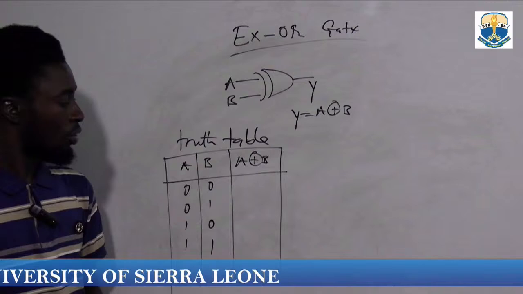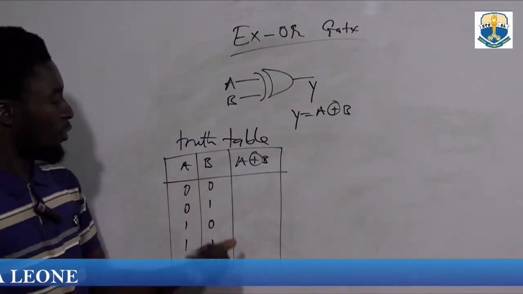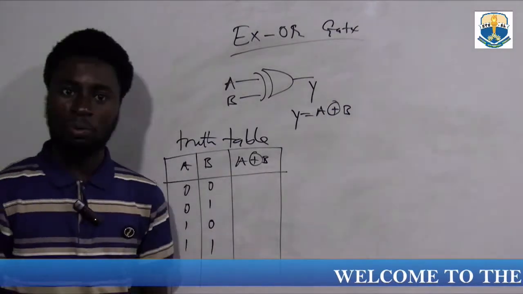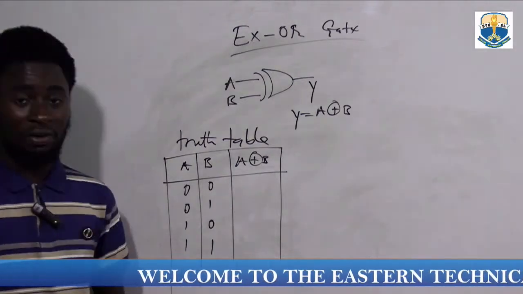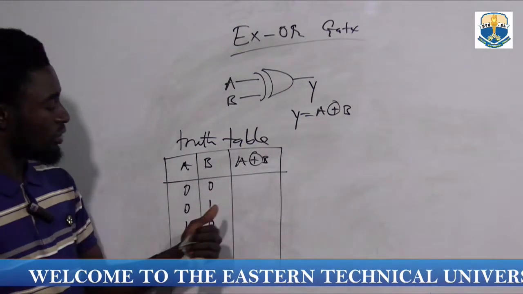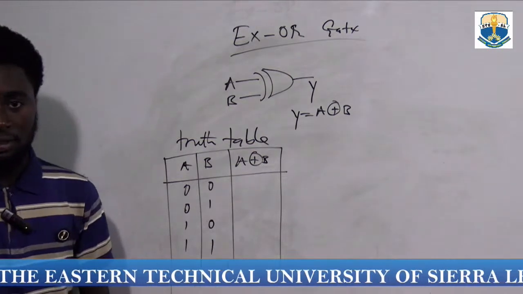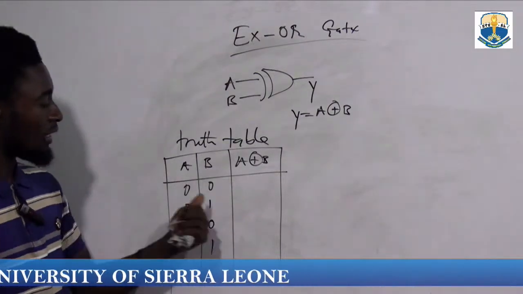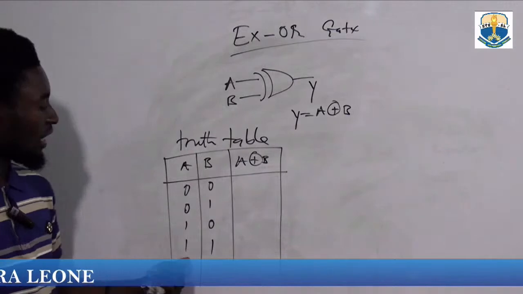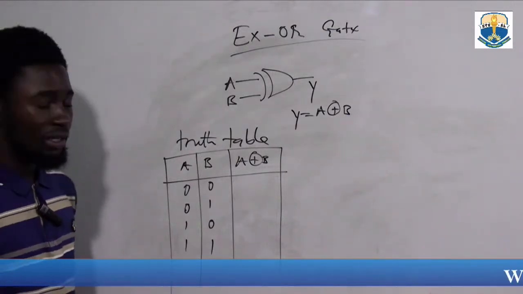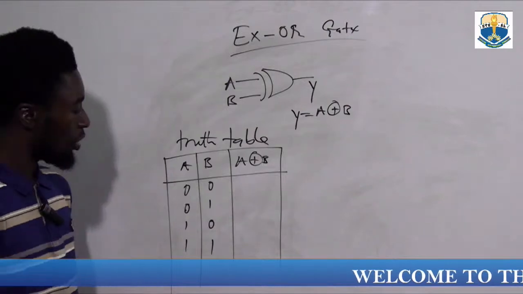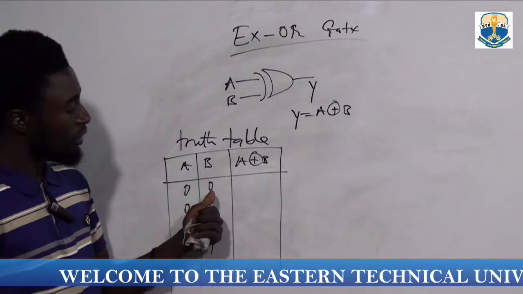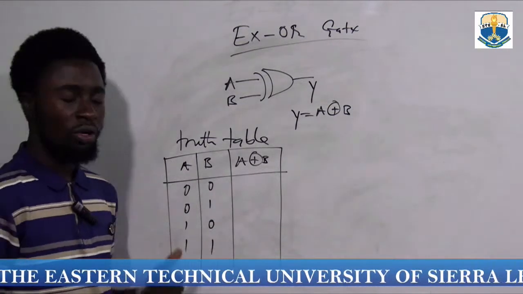we have to understand that for the outputs here, we only have an output in a very low state when both the inputs are the same. I mean, if input A is in a very low state, which is 0, and input B is also 0, and you have input A as 1 and input B also as 1, those outputs will always be low.